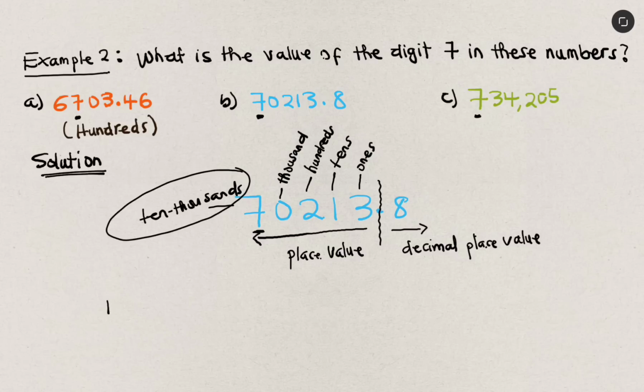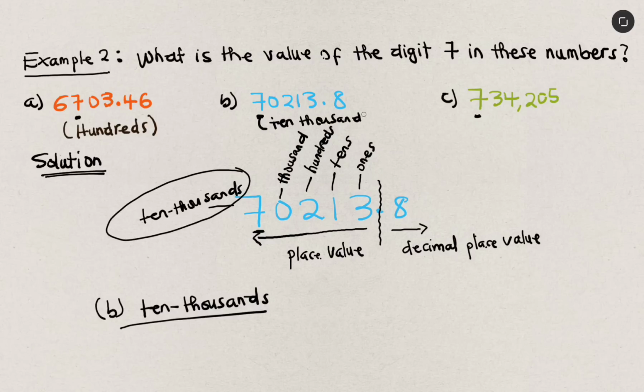So the answer, B, is 10,000. You can write it somewhere here, 10,000. That is the place value of the 7 in example 2 or B.